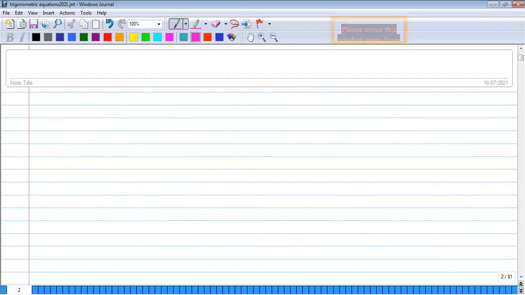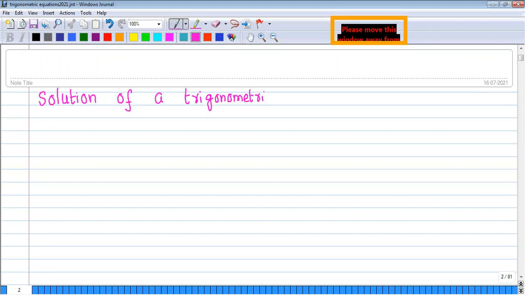What do you mean by the solution of a trigonometric equation? So actually this chapter deals with how to solve the different types of trigonometric equations. Okay, what is meant by the solution?